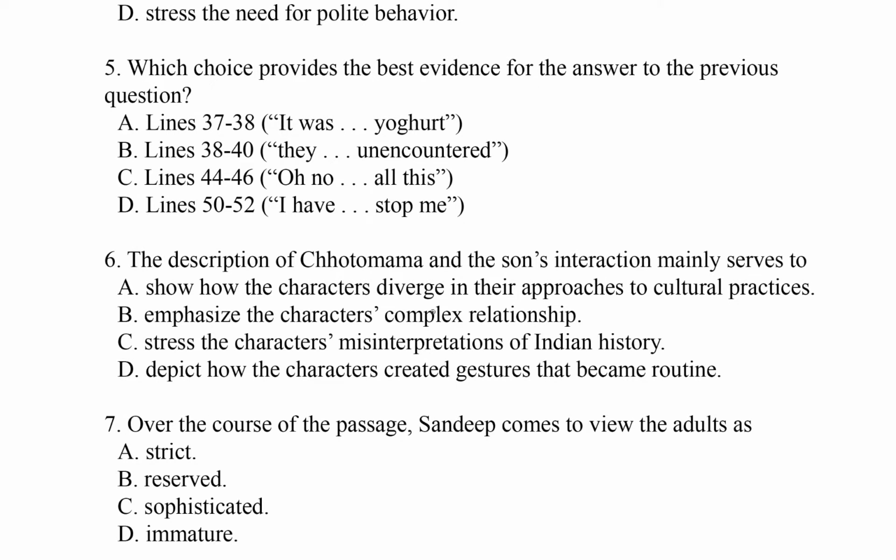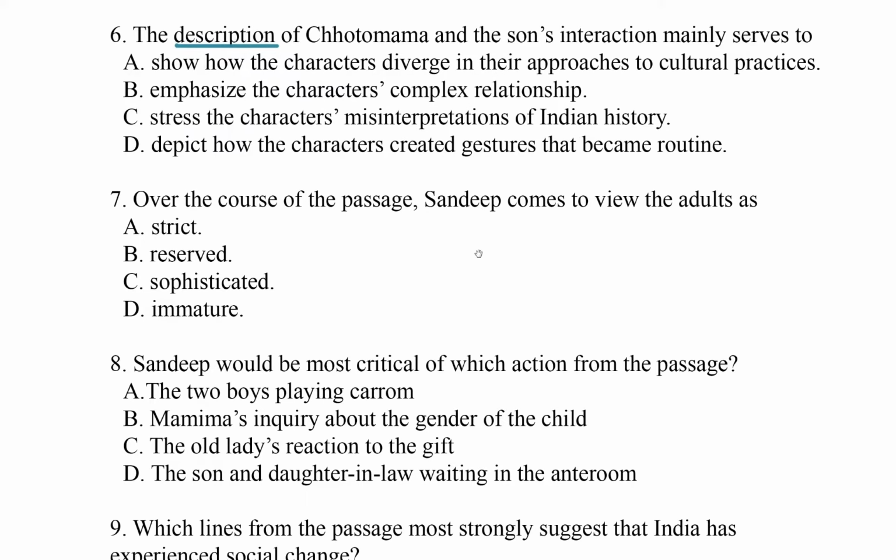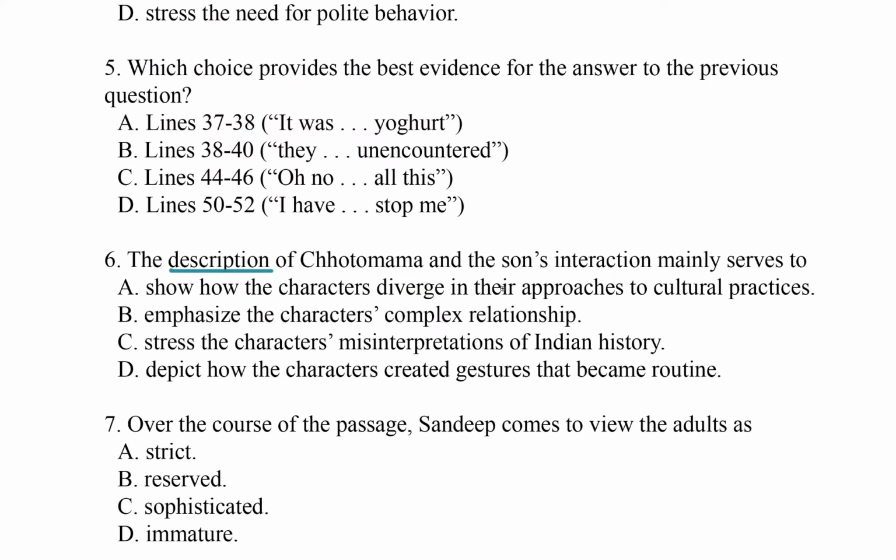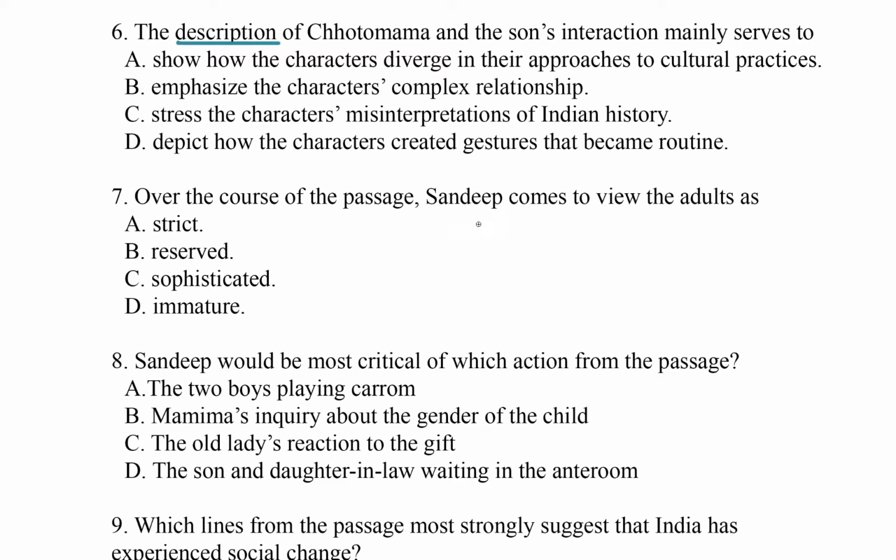Question 6, the description of Choto Mama and the son's interaction mainly serves to... Okay, this is going to be a question about the purpose of the description of something. So this is a craft question, so we're going to be doing a close read when Choto Mama and the son interact. Over the course of the passage, Sandeep comes to view the adults as something.